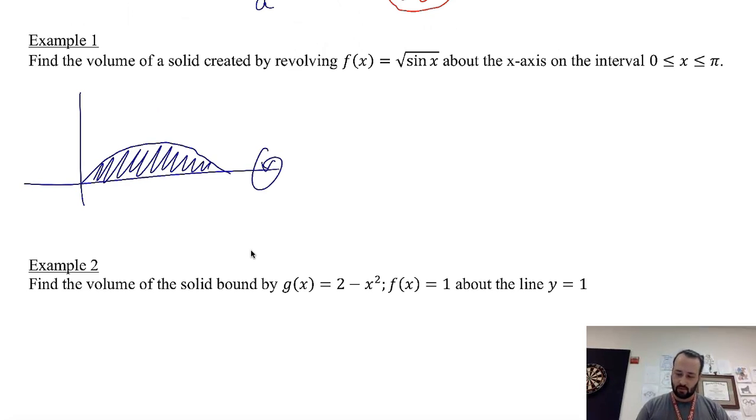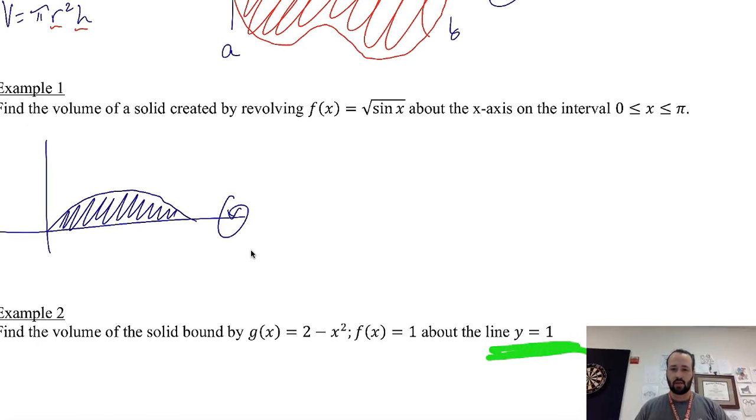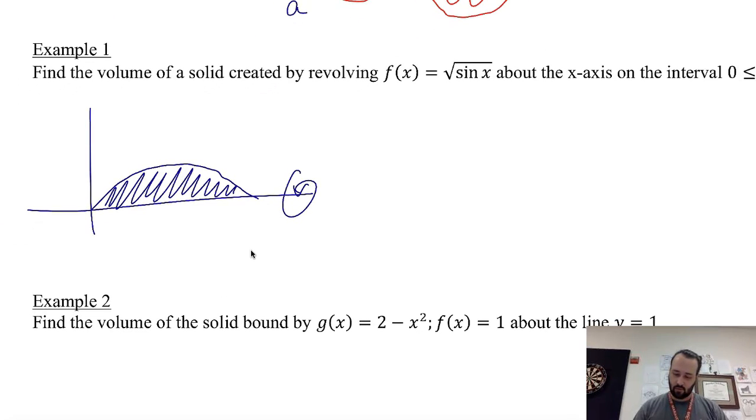I like to put this little notation. You don't have to do this, but I like to do that just to remind myself what I am rotating about. Because in the next one, we're going to rotate about the line y equals 1, so it's going to change where we are rotating. This helps me figure out the radius. The radius is this unit right there, so my radius is just f of x.